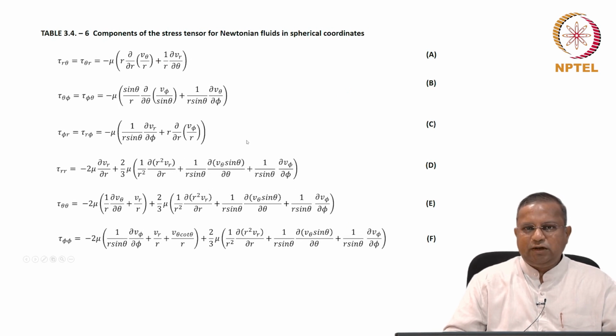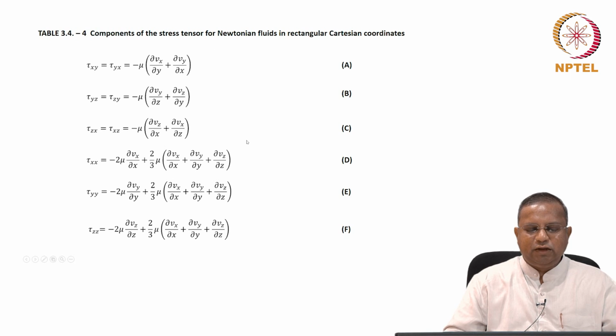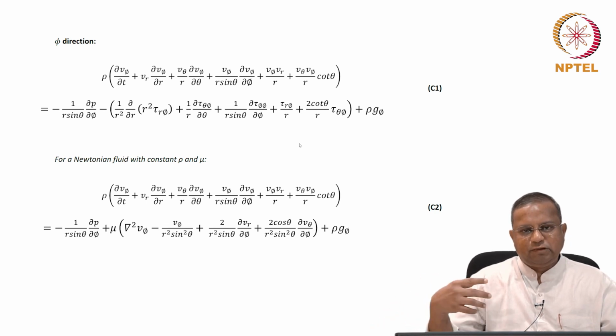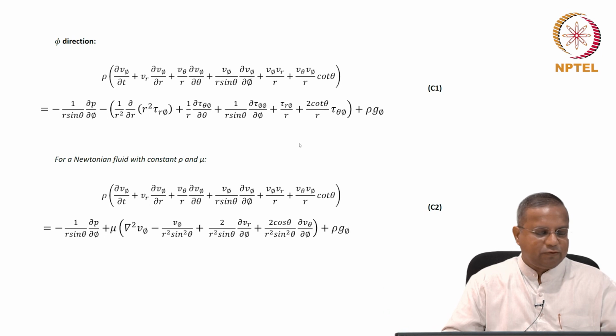This you won't need too much. However, you will need the first three tables, 1, 2, and 3 of 3.4, and therefore please make a copy of all the 6 tables and keep them in your easy access folder. Hard copy, soft copy, whatever it is.